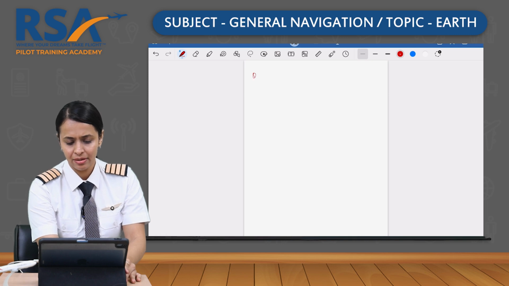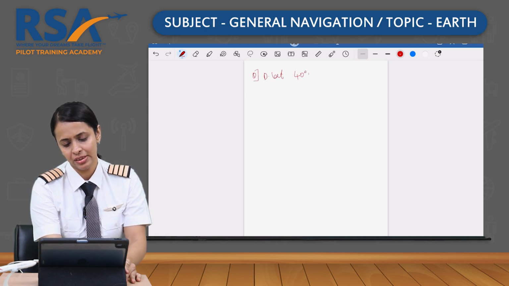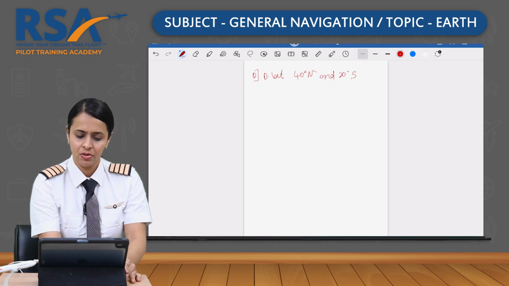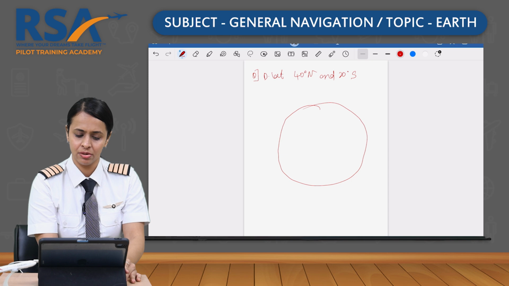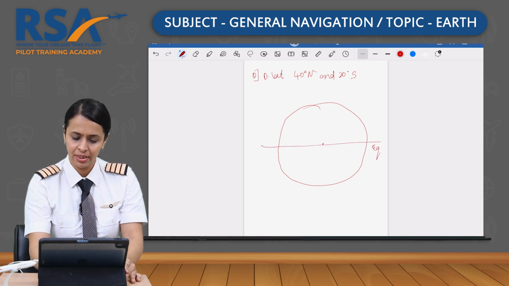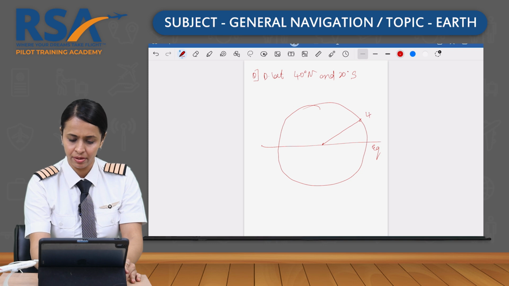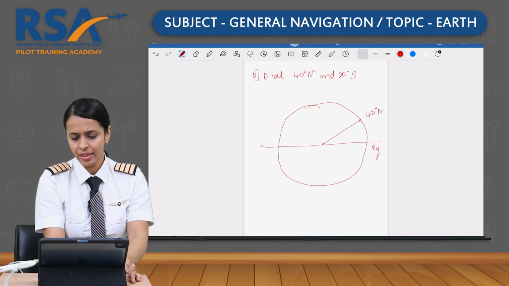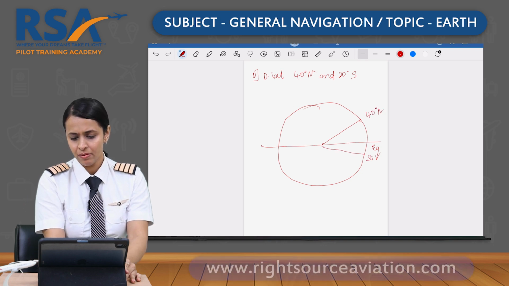So let's take another example of difference in latitude between 40 degrees north and 20 degrees south. Again we will draw a circle. This is my equator, and from here a 40 degree north angle will be somewhere here and a 20 degree south angle will be somewhere here.